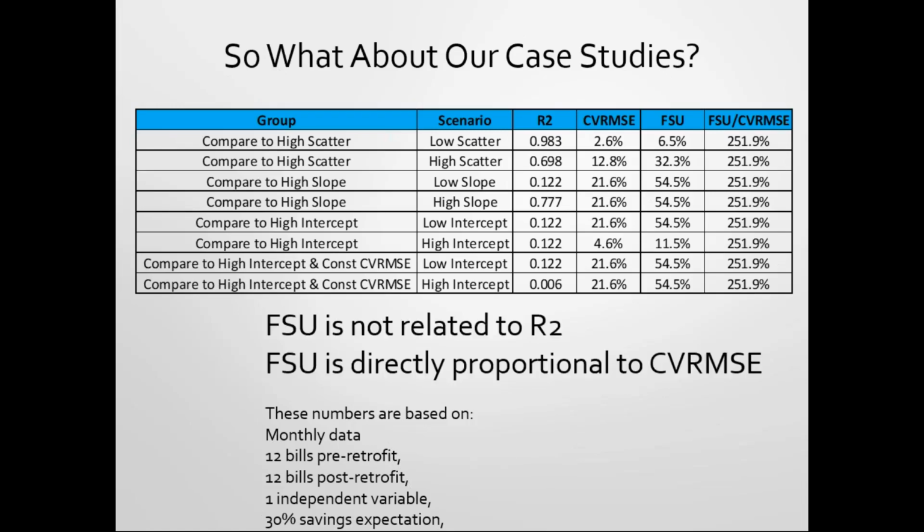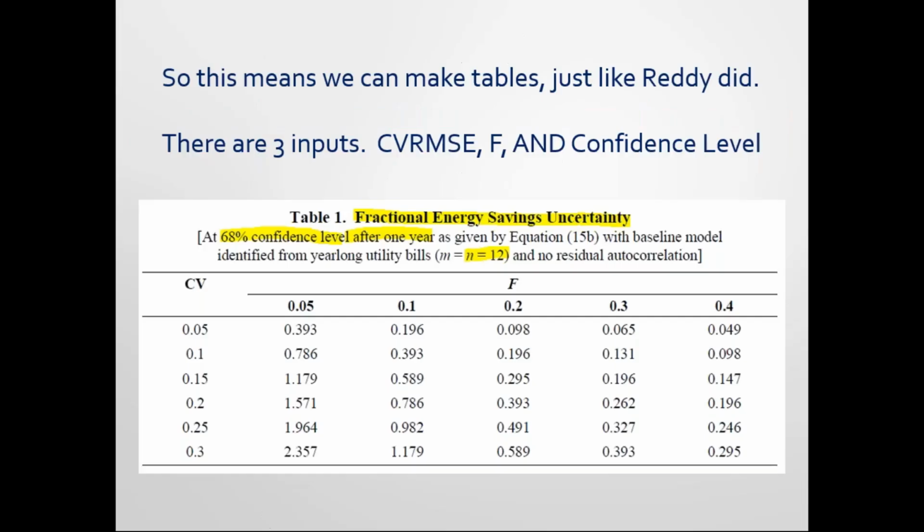But what this means is that you could actually make your own tables, just like Reddy did. That's kind of cool. It's not that hard to calculate this. Also, it's not related to R squared at all. It's proportional to CVRMSE. Fascinating.